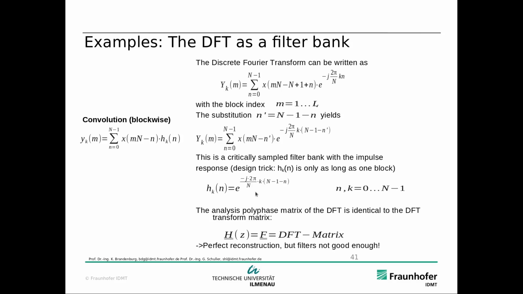So this is a filter bank which has very short filters. In this case, our polyphase matrix H becomes identical to the DFT transform matrix, which contains these values here. It turns out we do get perfect reconstruction. So we have a solution, but it turns out the filters are not good enough.